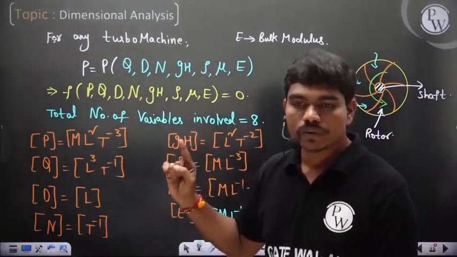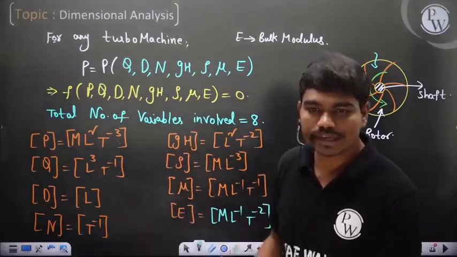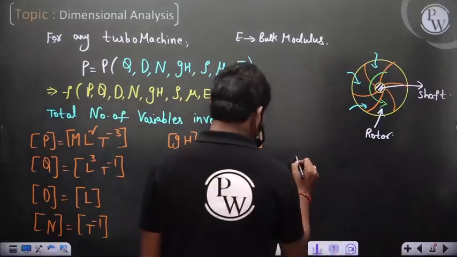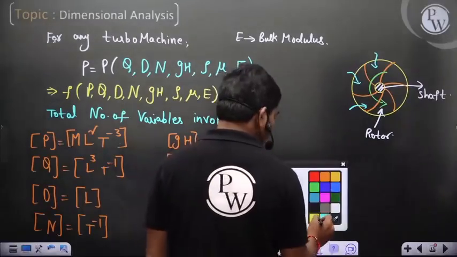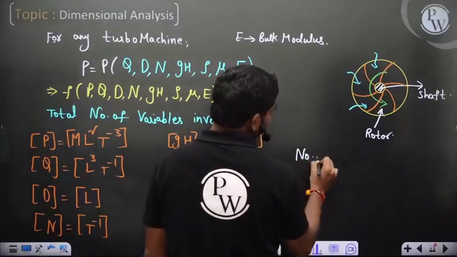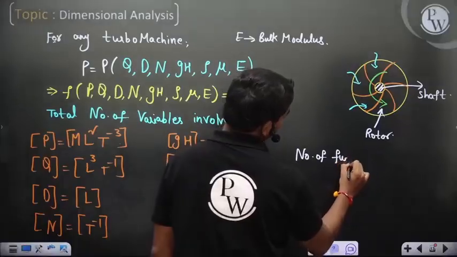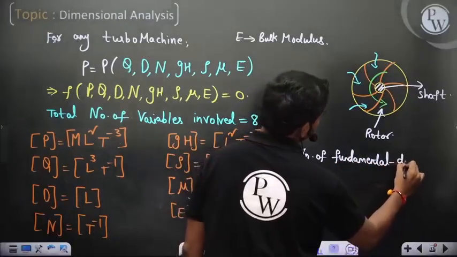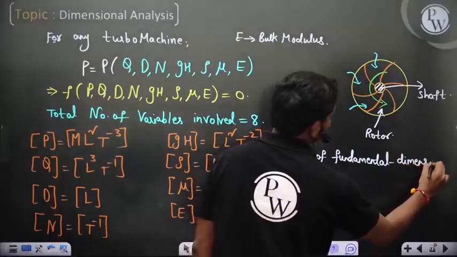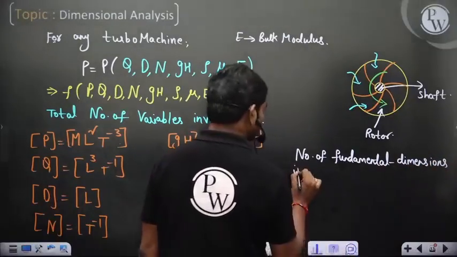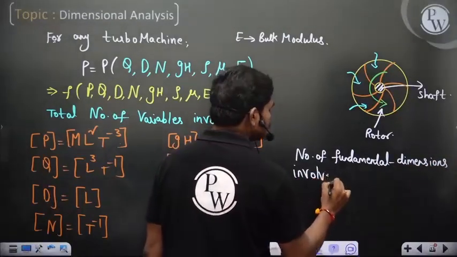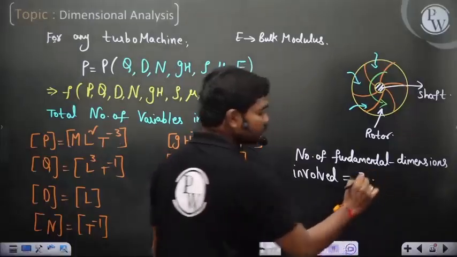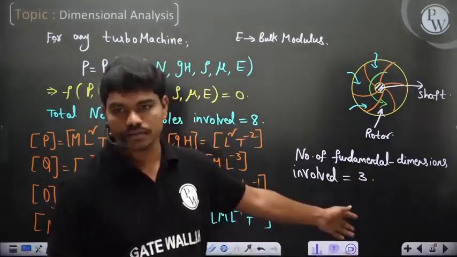So if you use the Buckingham pi theorem, the total number of variables is equal to 8, and the number of fundamental dimensions involved is equal to 3, because only mass, length, time are involved, nothing beyond that.